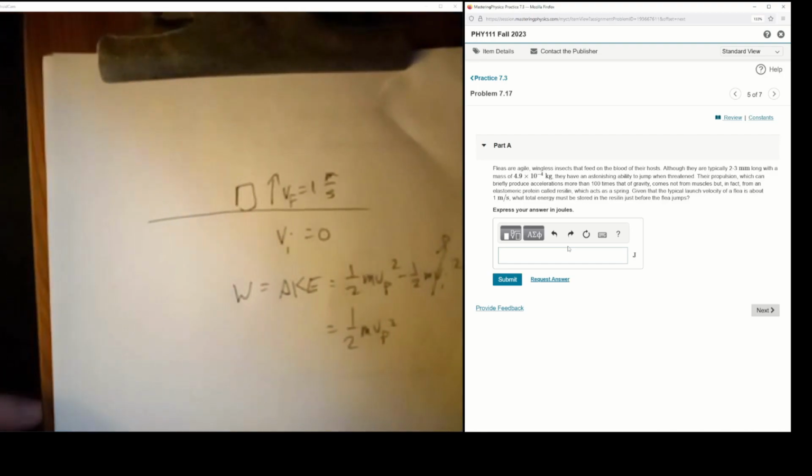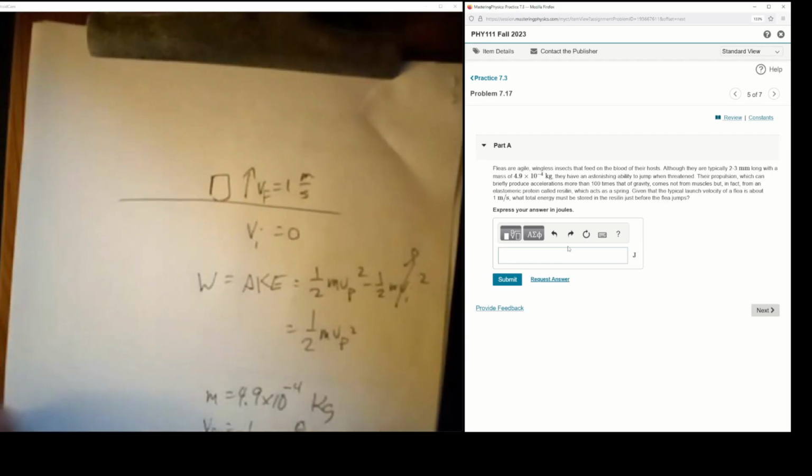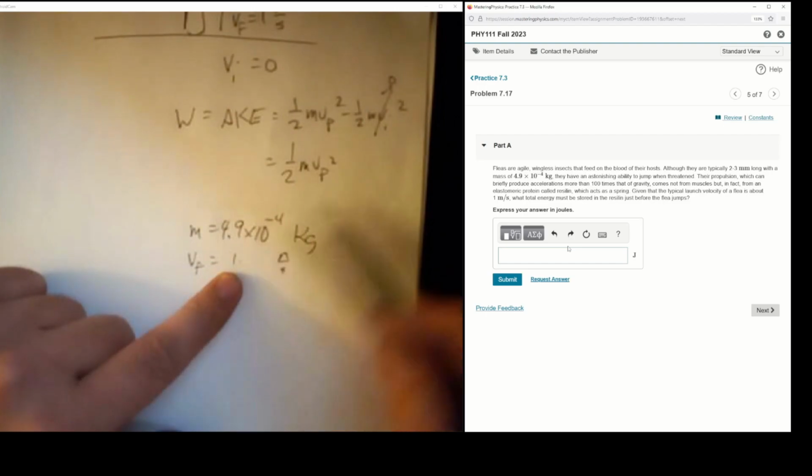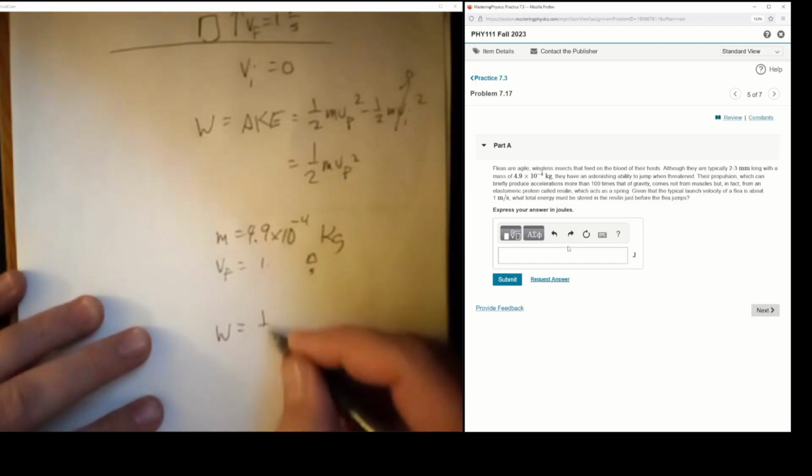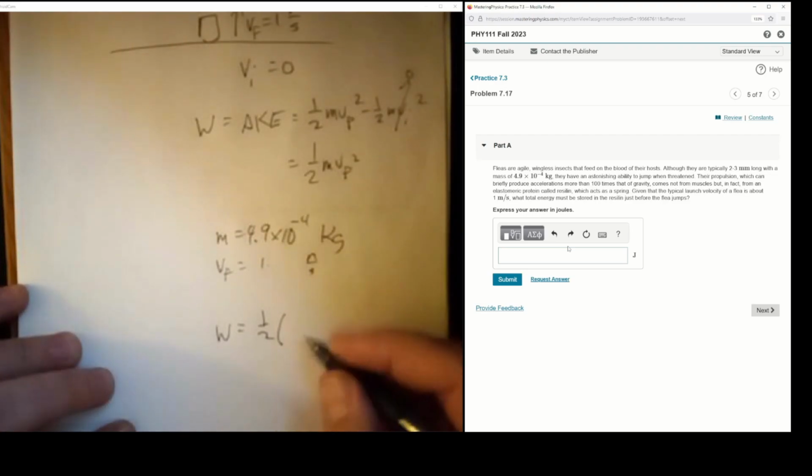So they're saying the mass is 4.9 times 10 to the minus 4 in proper units. And we have the velocity of 1 meter per second. So velocity squared, 1 squared is still 1. So our work is 1/2 times m.